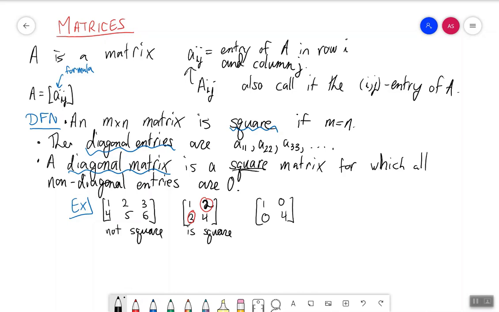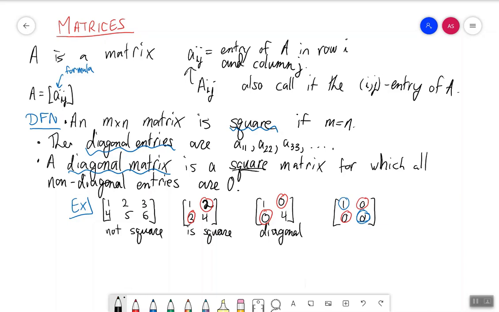This matrix here is both square and diagonal, because this entry and this entry are 0. And this one is also diagonal. Even though this entry here is 0, that's all right. I don't care what happens on the diagonal. I don't care what happens at these two spots. All I care about is that these entries are 0.